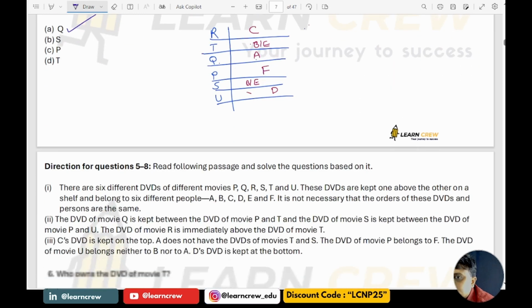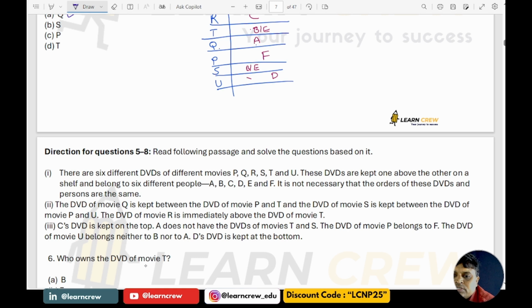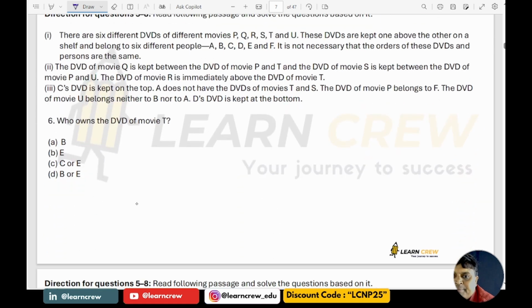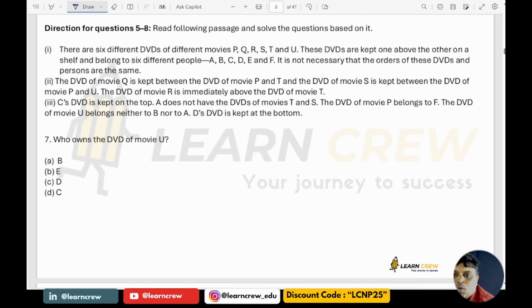Then question number 6. Who owns the DVD of movie T? Movie T, it can be B or E. Next, 7th one. Who owns the DVD of movie U?